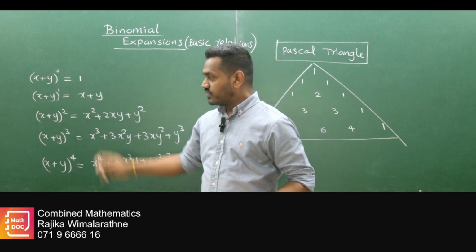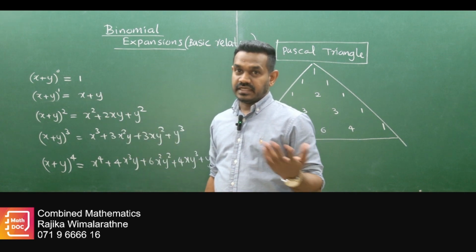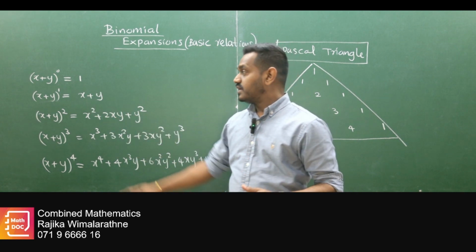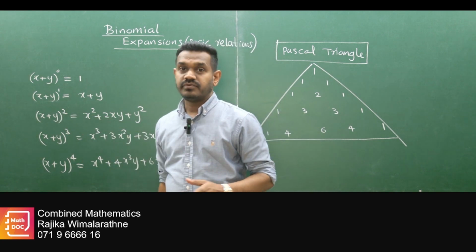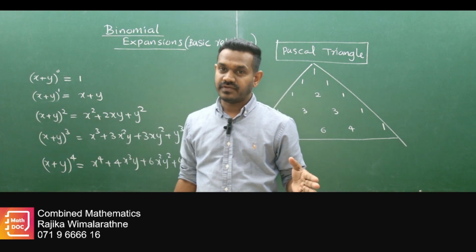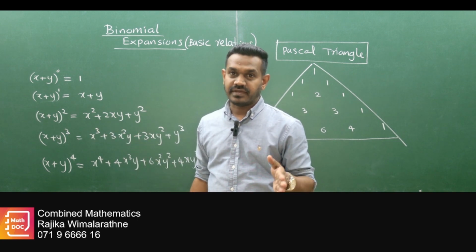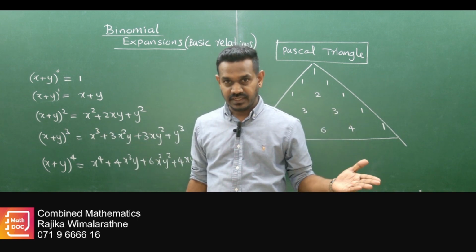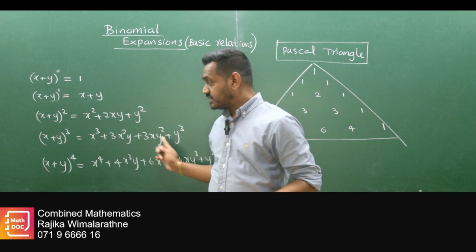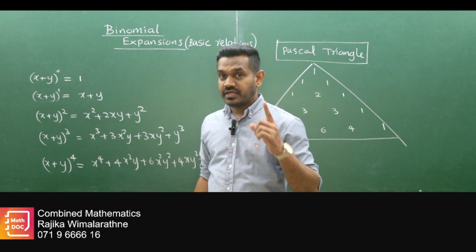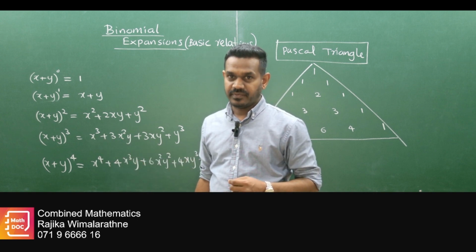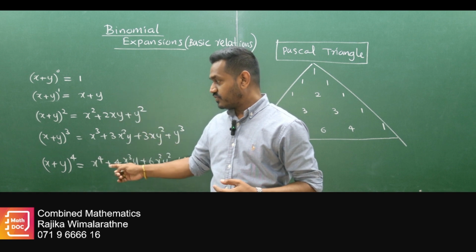Now, when you consider these expansions, generally you can expand them directly. If you need x plus y to the power 2, you multiply x plus y times x plus y. Similarly, for x plus y cubed, you can expand x plus y times x plus y times x plus y. But for these expansions, you better remember them directly, usually from 0 up to 4.